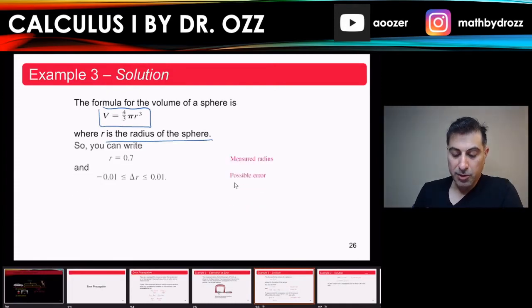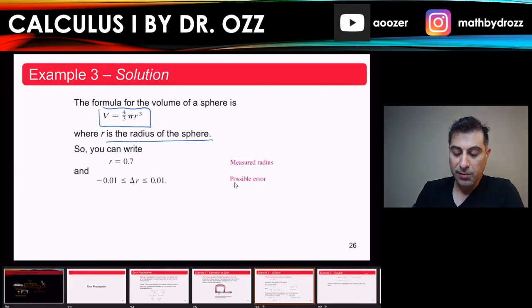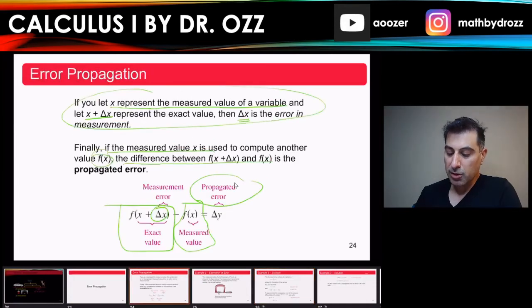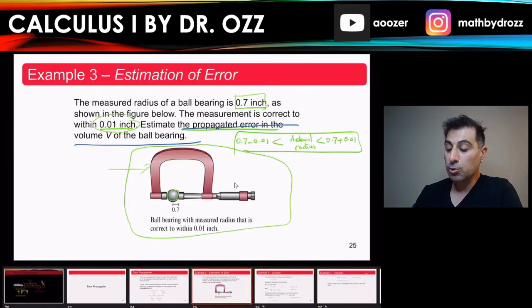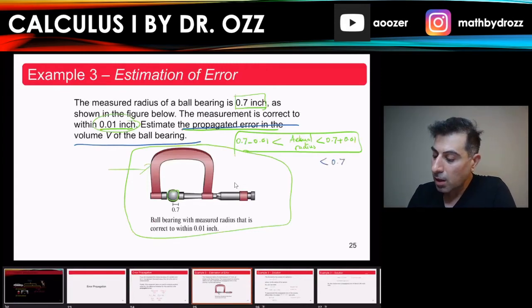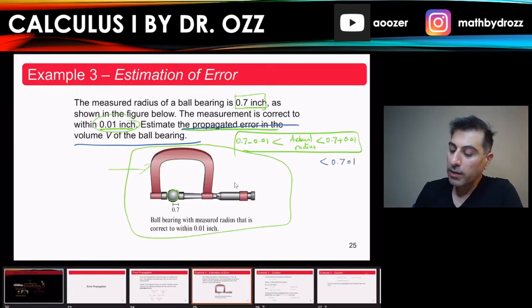What was the measured radius? The measured radius was 0.7. The possible error is going to be between minus 0.01 and 0.01. As I just mentioned, the actual radius is in between 0.701 and 0.699.